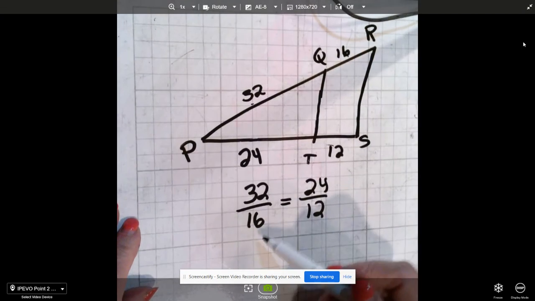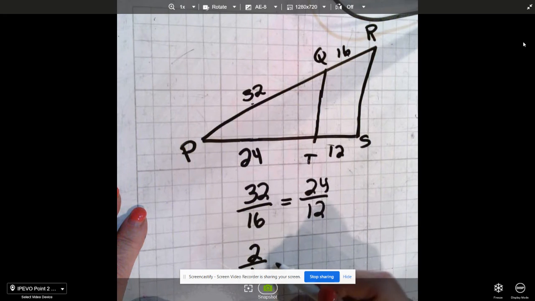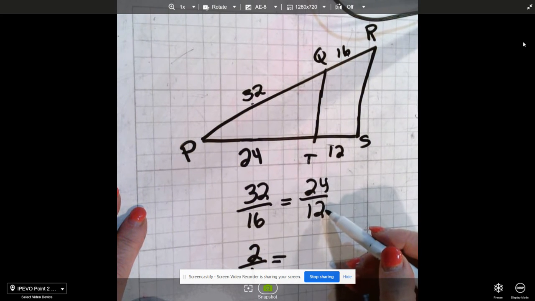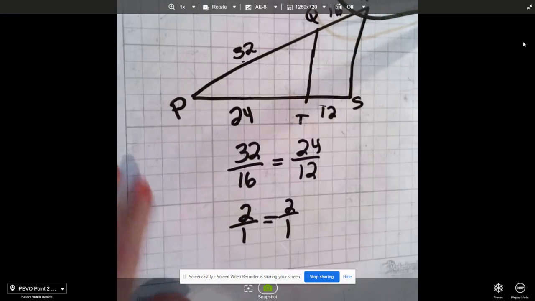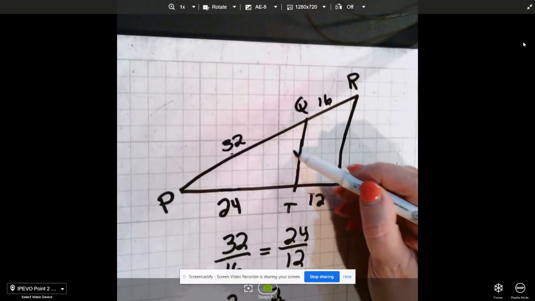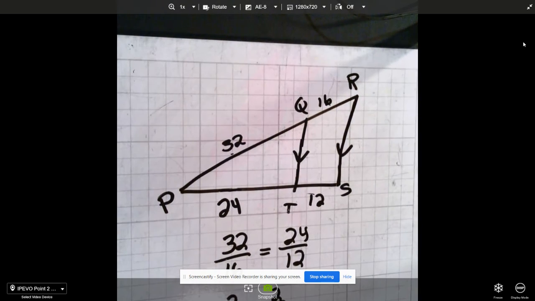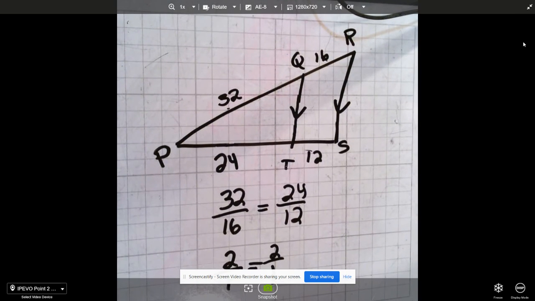So again, 32 over 16, I can divide both by 16. That would be 2 to 1. 24 over 12, I can divide them both by 12. This would be 2 to 1. Since the ratio 2 to 1 is the same as 2 to 1, then I can prove that those two are parallel. So that's how you use this particular theorem in a way to solve for X, or a way to prove two sides are parallel.